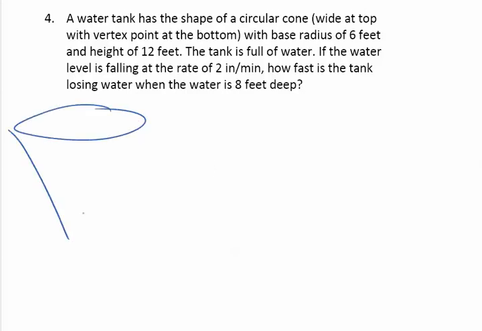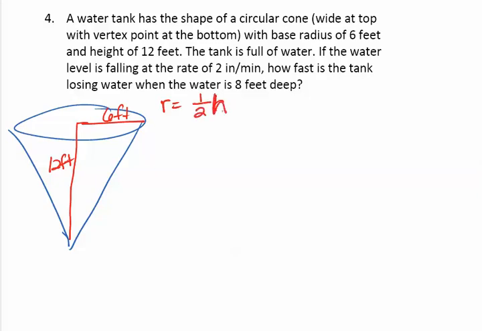If it's geometric, make a picture. So in this case, our cone has a base radius of 6 feet and a height of 12 feet. So notice that the radius is 1/2 of the height.